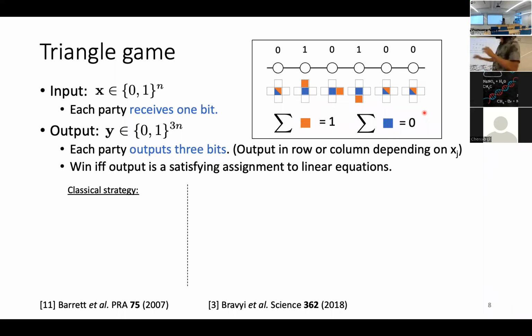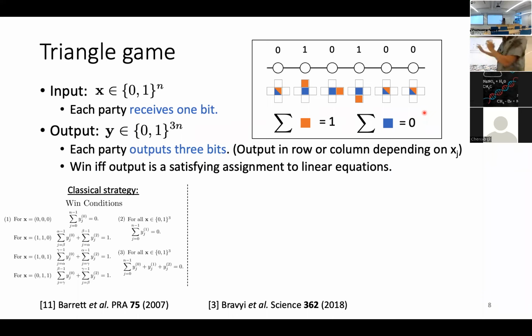Now, the full set of linear equations is a little bit complicated, but I've illustrated a couple of them here in the sense that, in this case where this party receives 0, so they fill in the row, and this party receives a 1, so they fill in the column, right? It's the case that the sum of all of the outputs in these orange boxes should add up to 1 modulo 2, and the sum of all of the outputs recorded in these blue shaded boxes should add up to 0 modulo 2, right?